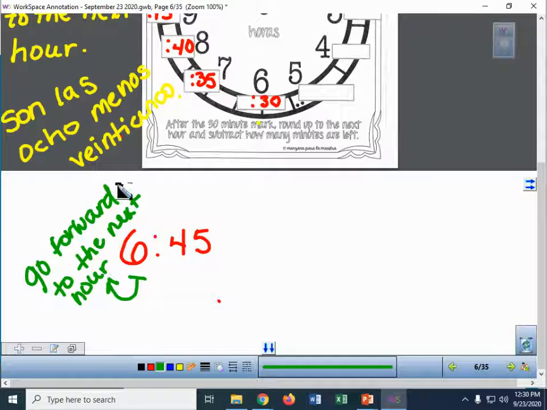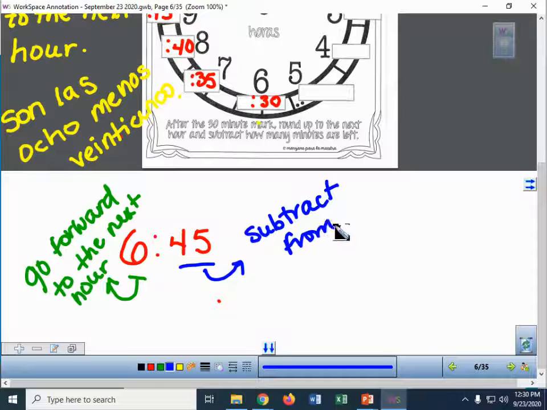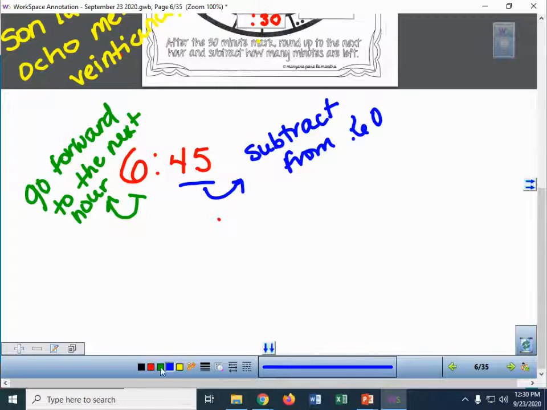So you need to go forward to the next hour, and then you need to subtract from 60. So my time will be, go forward to the next hour, that will be 7.